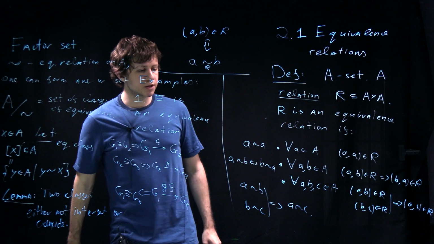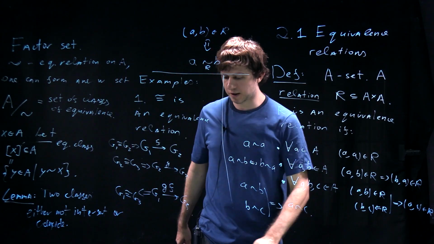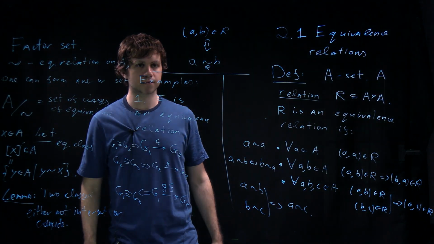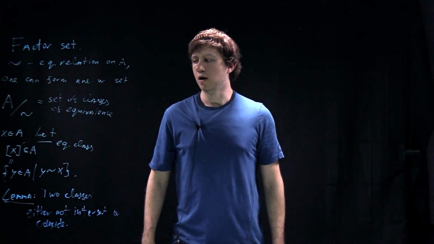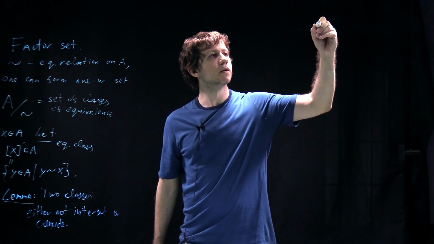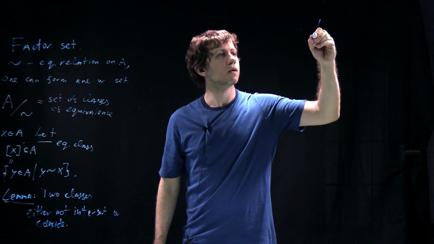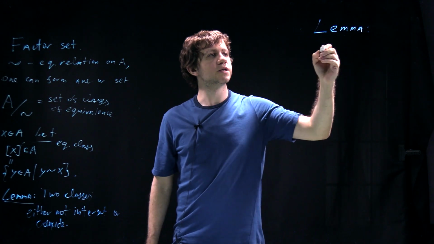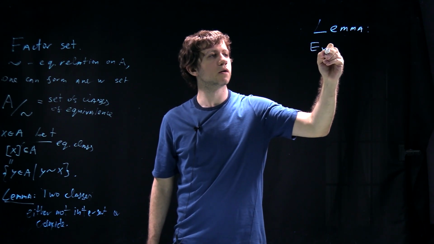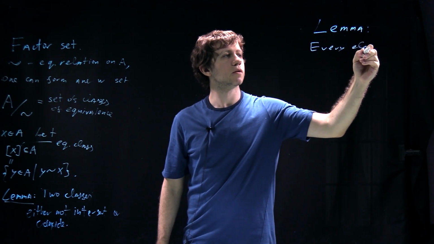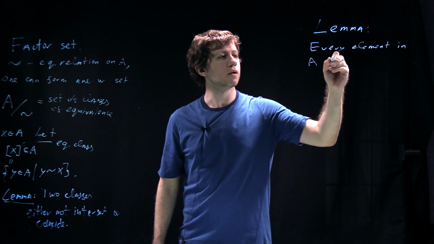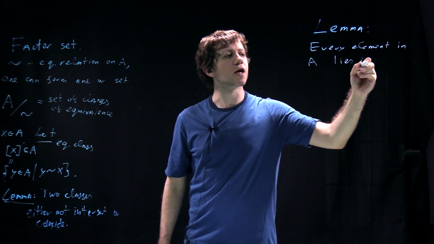So that's one statement. And then there is another statement. Let me erase this part now, and I will just continue. Okay, so there is another lemma: every element in A lies in some class.